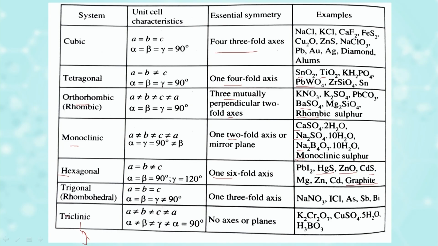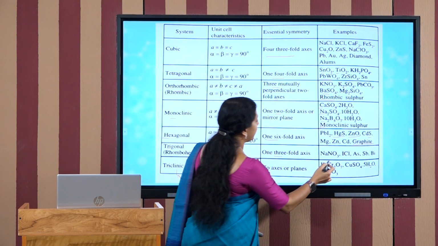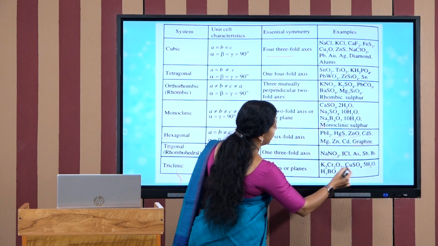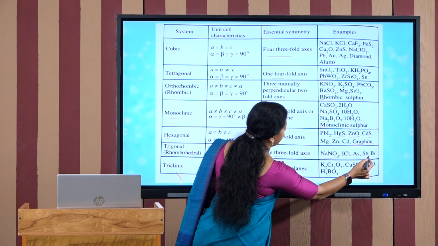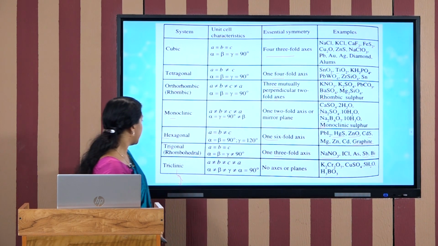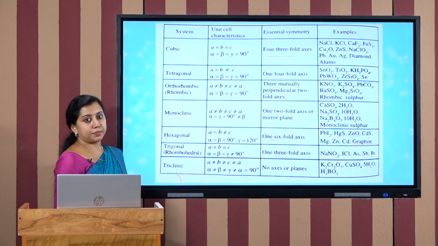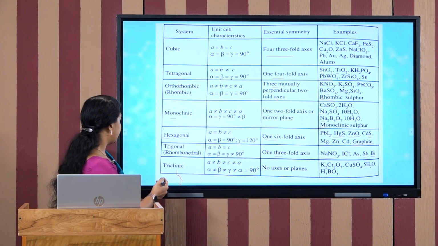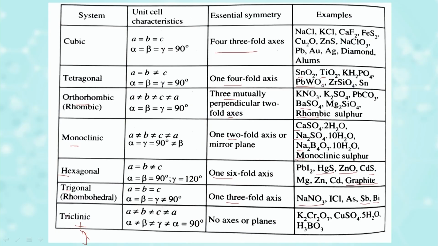So, next is a trigonal or rhombohedral with the essential symmetry element, that is 1 3-fold axis. So, sodium nitrate NaNO3, then we have antimony, bismuth, all belong to the trigonal system. Then the last one is the triclinic system, which is highly unsymmetrical.